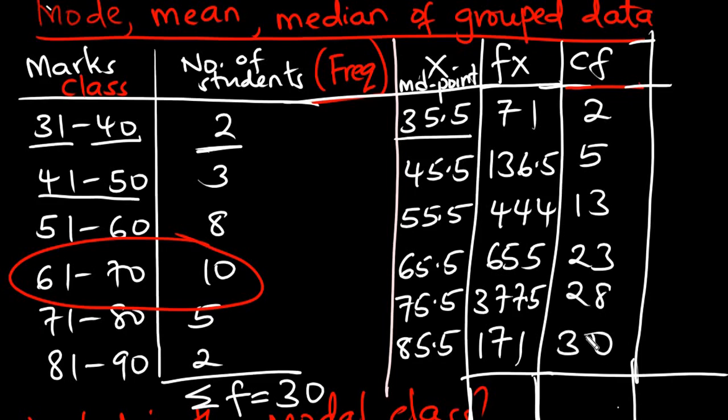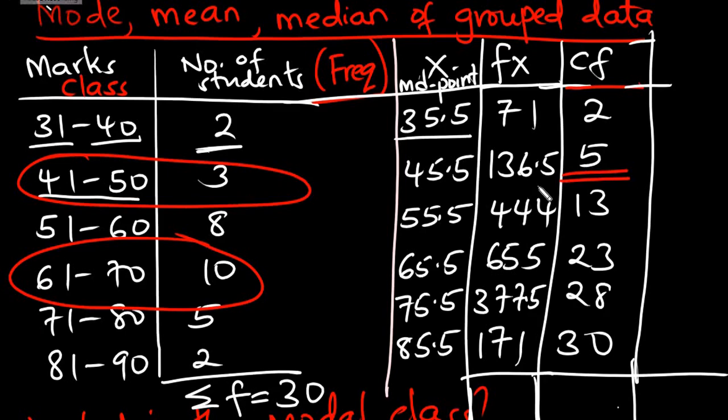So what are we saying here? For this class, 41 to 50, it has a cumulative frequency of 5. So what we mean is that the last person for this class is the 5th student. For the first one, 31 to 40, it's the first and the second student when you are arranging from the lowest to the highest.